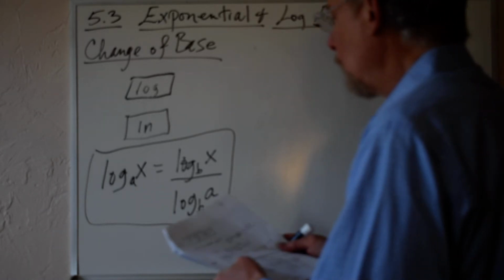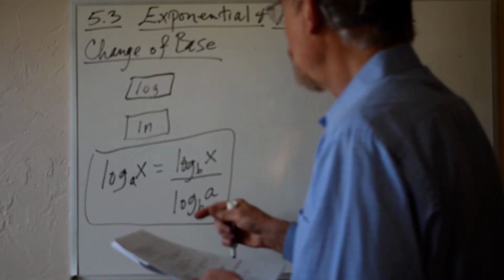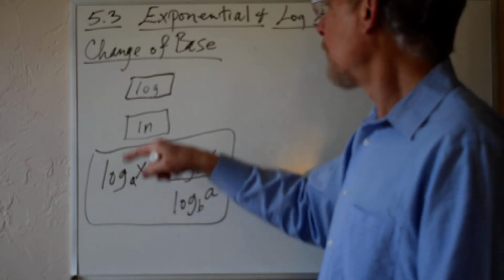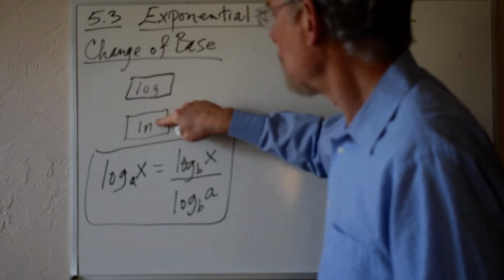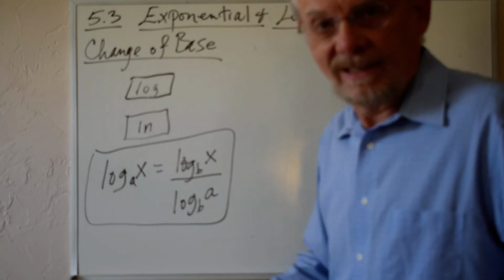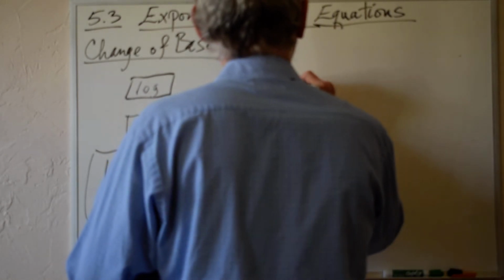Now, you can really take advantage of that if you convert logs that are to various bases to either this or this, because once you do the conversion, then you can use your calculator keys to get your answer.